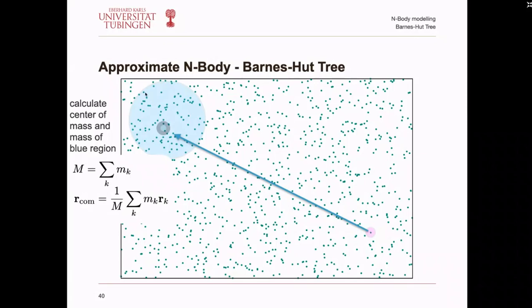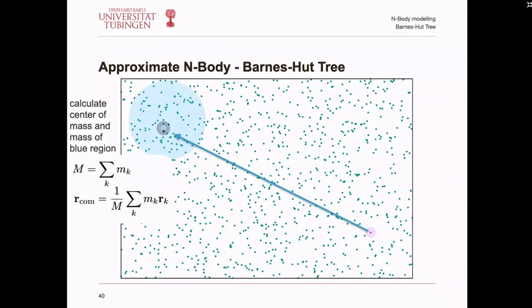So we calculate first the center of mass of this blue region, and then the total mass, and we say, okay, now instead of calculating the gravitational force acting from each of these individual stars in the blue region, we just calculate the gravitational force acting from this representation particle, pseudo particle at the center of mass with the total mass of this region. Okay, this would then lower the terms in the total sum.